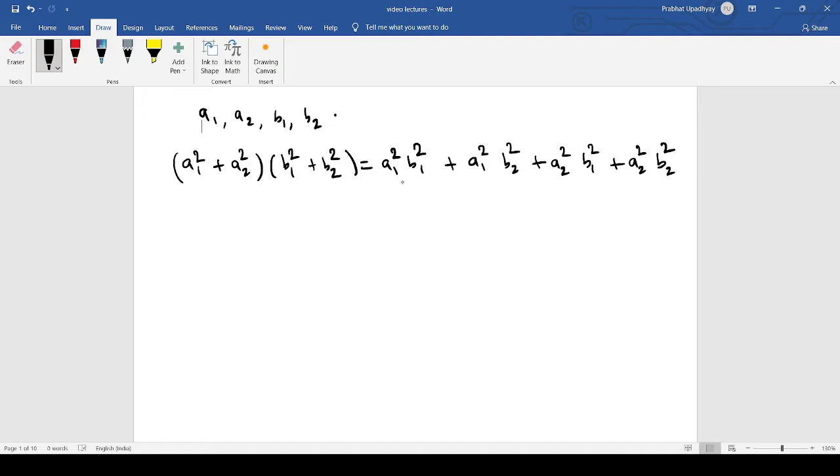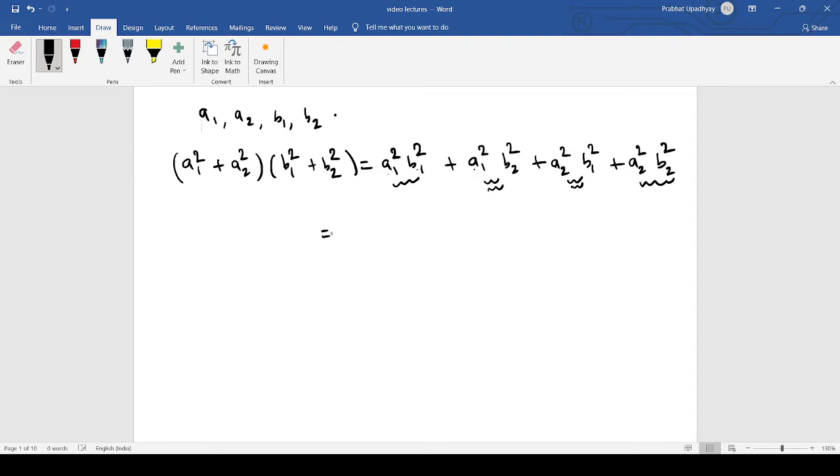Now what will I do? I'll combine this term with this, so I will have a1 b1 here and a2 b2. So all the four real numbers are involved in these two terms. Similarly, in these two terms, a1, a2, b1, b2, all four numbers are involved.